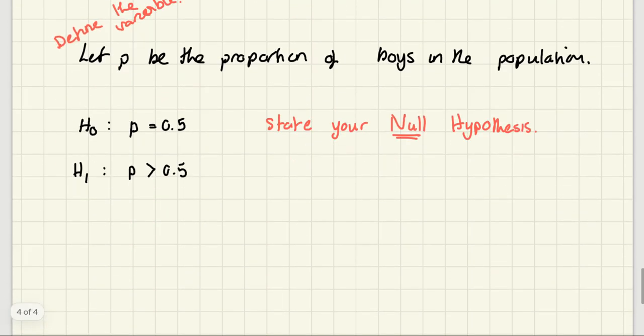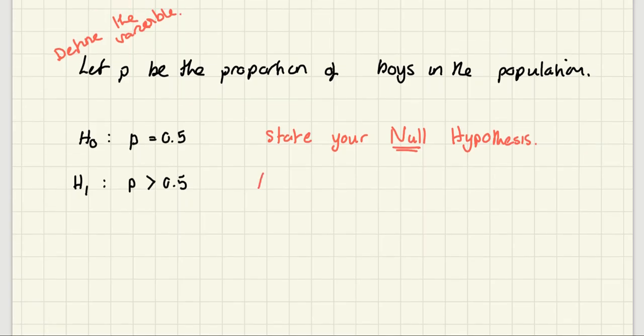So if P is the proportion of boys, this hypothesis is that P is greater than 0.5. This is called your alternate hypothesis. So you need to state your alternate hypothesis, or alternative, I guess.